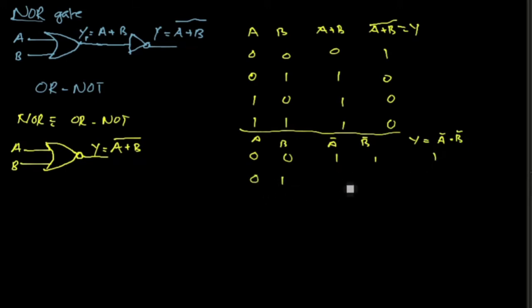Now if you consider 0 1, then A complement is 1, B complement is 0, the output is 0. Now if you consider A is 1, B is 0, then A complement is 0, B complement is 1, then A complement and B complement is 0. Now if you consider A and B are 1, then A complement is 0, B complement is 0, then A complement and B complement is 0.